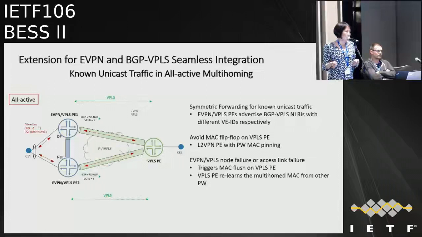The last one is what happens if there is a node failure or access link failure. We need to flush the VPLS to have it relearn CE1's MAC. So this is a trigger that can go through a MAC flush mechanism. Like for VPLS, we have this forwarding bit.